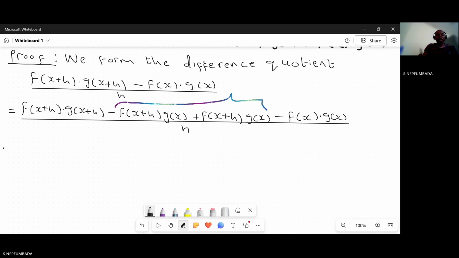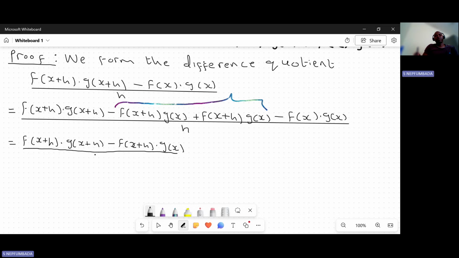So now, if we separate this, I won't skip any step, we're going to have f at x plus h multiplied by g at x plus h minus f at x plus h multiplied by g at x, divided by h, plus, again, the second one is also divided by h.